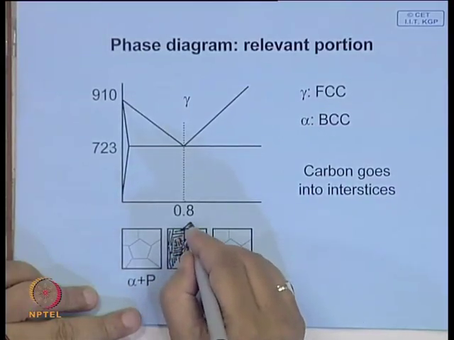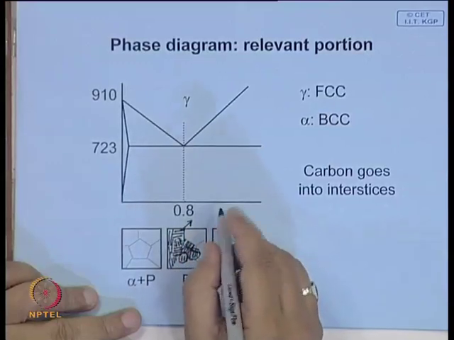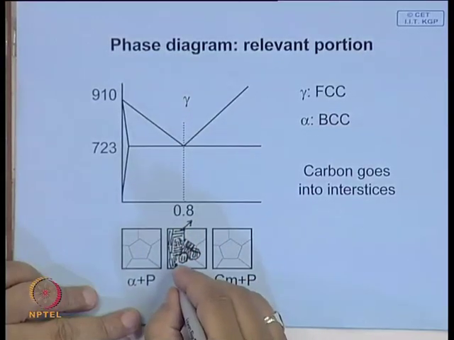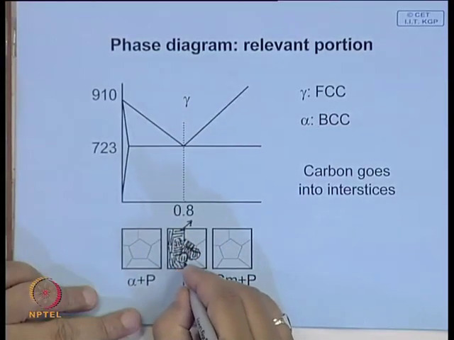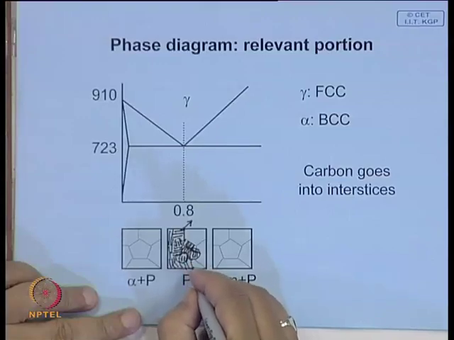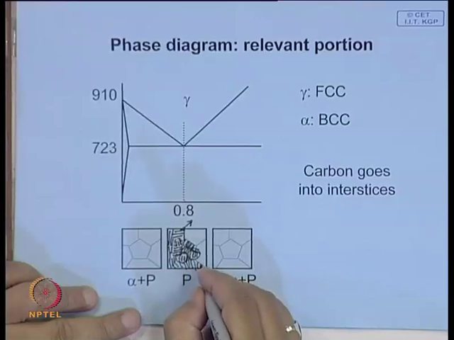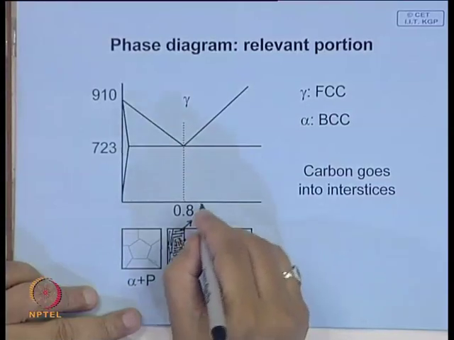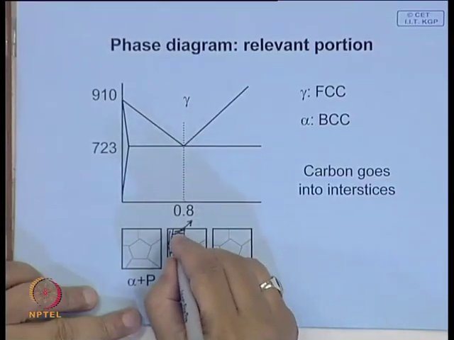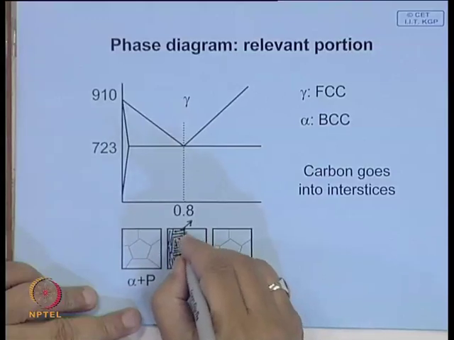Usually in the microstructure, when you etch steel with nital, the cementite plate is so fine that it appears as a dark line.